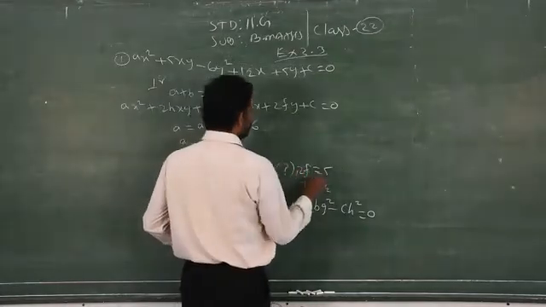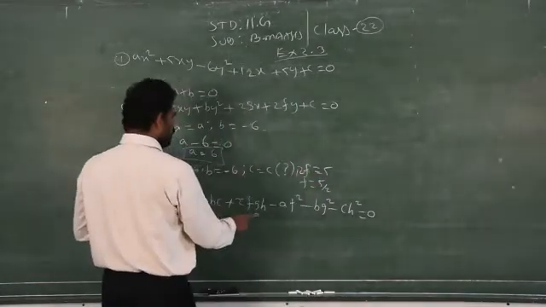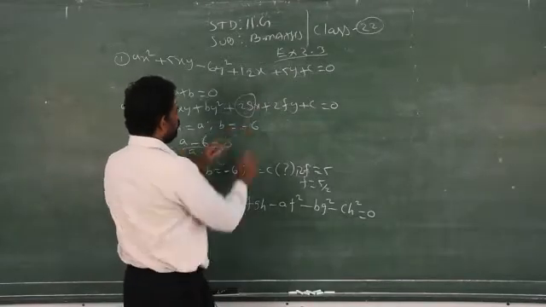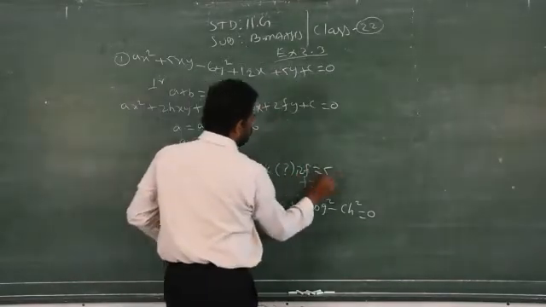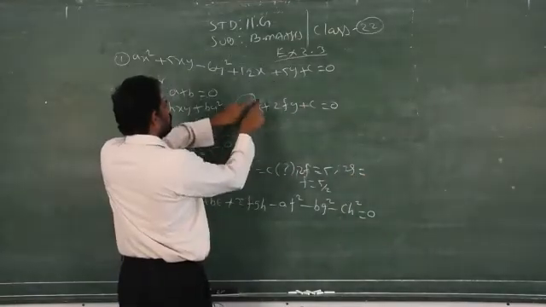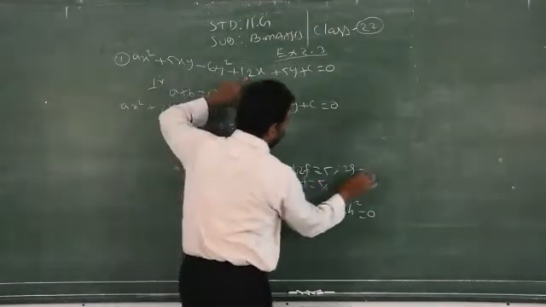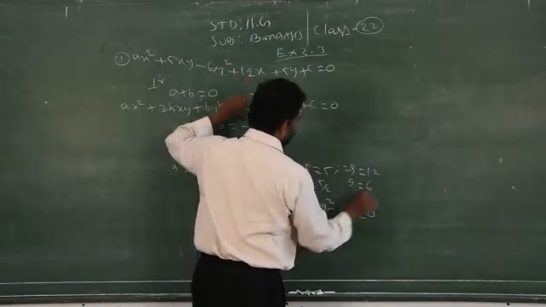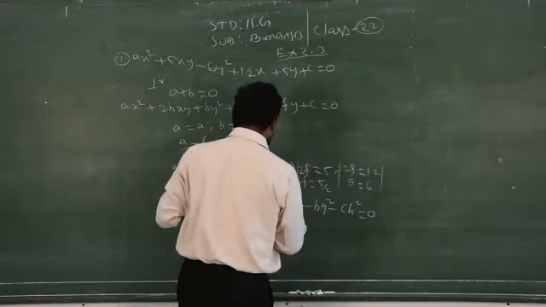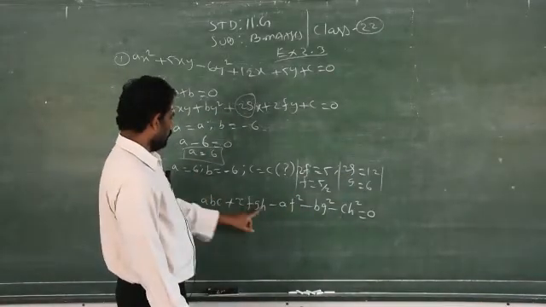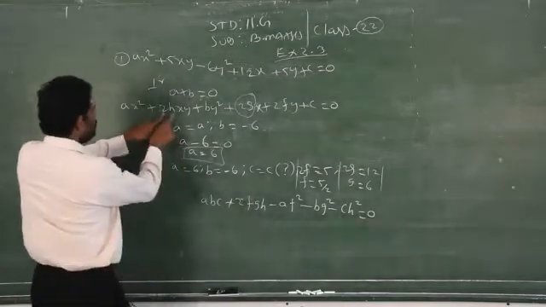The next one, G I have to find. G is not alone, it is with what? 2G. That is the coefficient of x. So 2G is equal to, then coefficient of x in the question is how much? 12. So G is equal to how much? 6. Then next you have to find out one more, H. So what is the H?